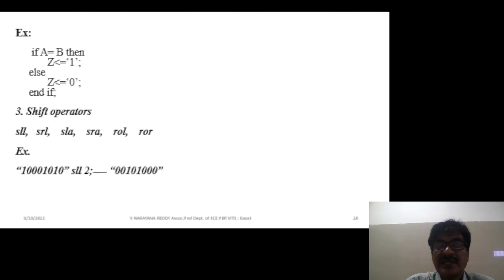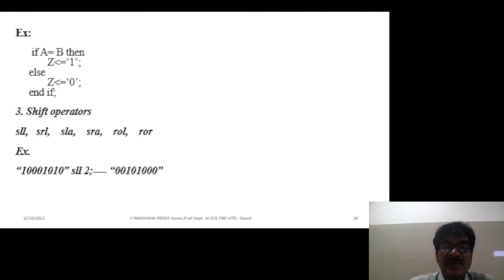Suppose you take the example like this, the given binary number is an 8-bit binary number, 10001010. SLL by 2, shift left logic by 2. So what does it mean? The expected result is shifted 2 bits towards the left side.